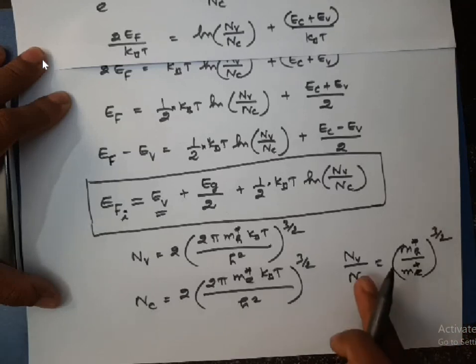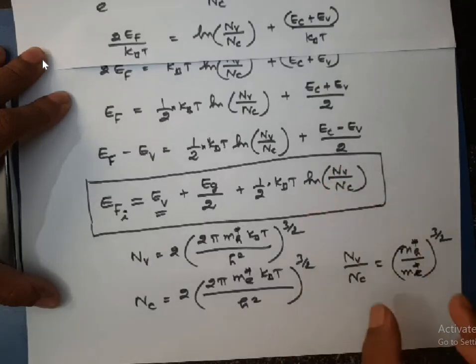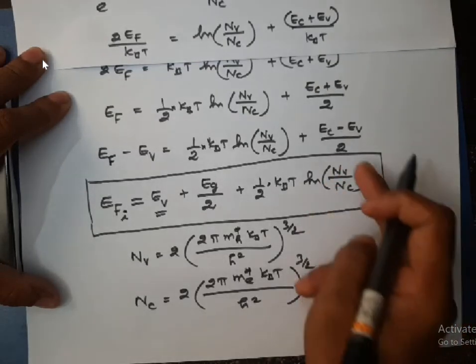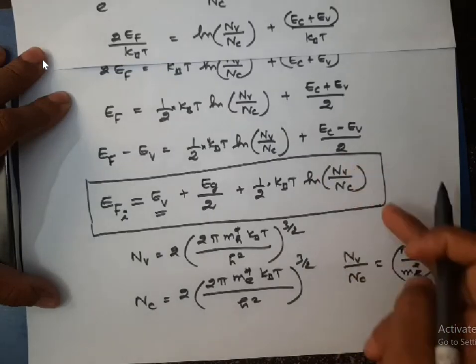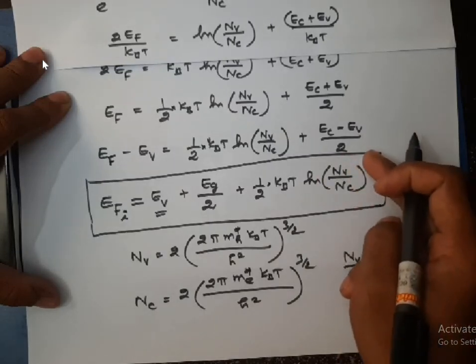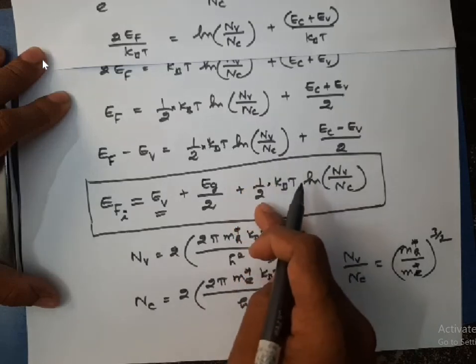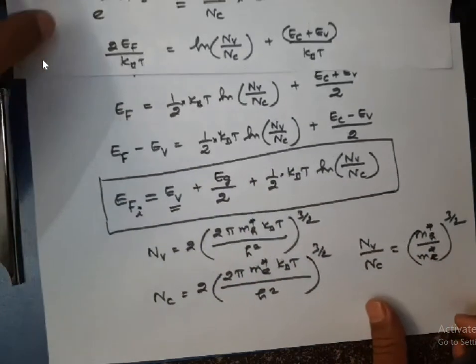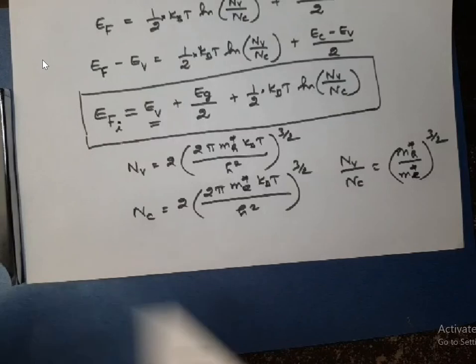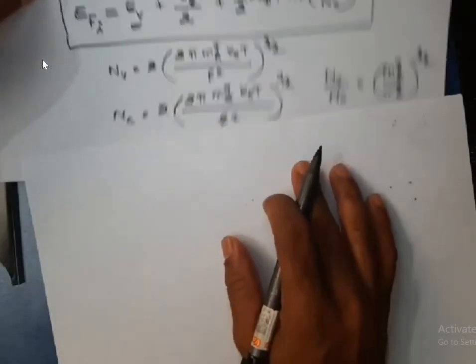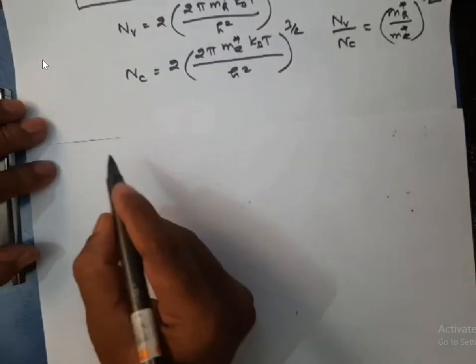Now in place of NV by NC, if I substitute this here, I'll get (m star h by m star e) whole power 3 by 2. The 3 by 2 will come in front, so I'll get 3 by 4 here. Therefore, we have an alternative expression for the Fermi energy.